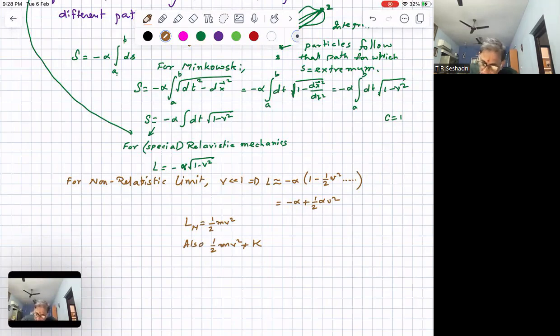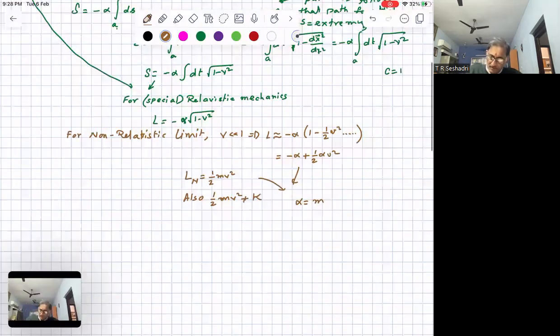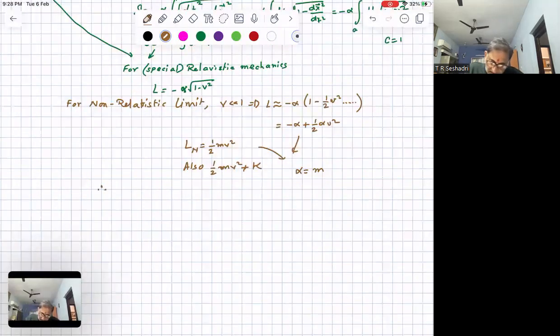And so this implies that alpha equals the mass. Hence, the Lagrangian is equal to minus m square root of 1 minus v square. Okay. So this is my Lagrangian for relativistic particles. Is that okay?